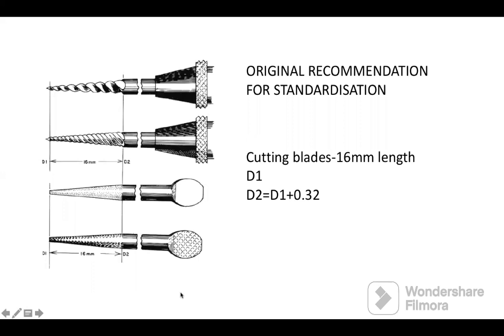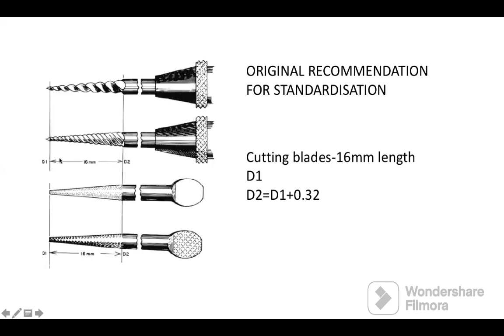This slide depicts the original recommendation for standardization, which was set out by Engel and Levine. So they mentioned the diameter at the tip as D1, and they also mentioned that the working edges or blades will be 16 millimeters from the tip of the instrument up on the shaft, and the point at which the cutting edges or blades terminate is referred to as D2, and this point will have a diameter which is referred to as D2.